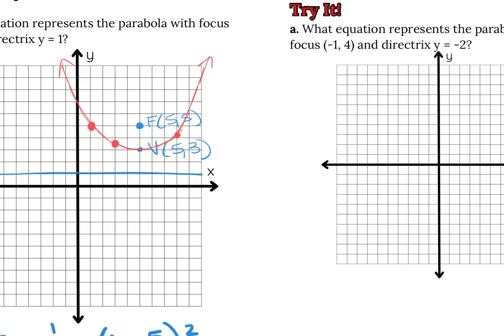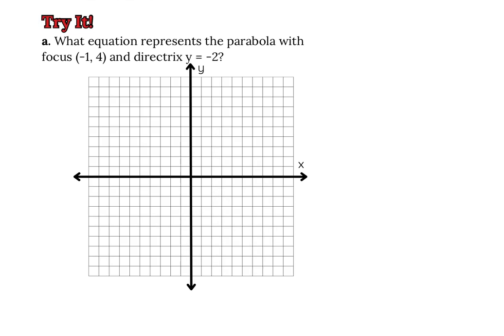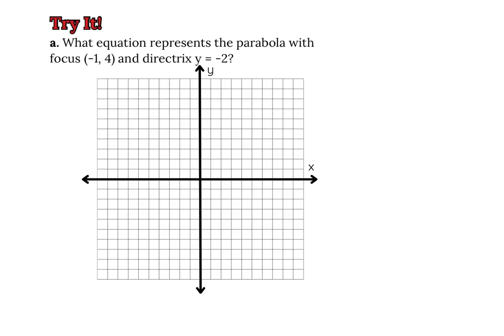Okay, let's look at our triad. What equation represents the parabola with a focus of -1, 4 and a directrix of y equals -2? So we'll go ahead and plot those. So that's our focus.